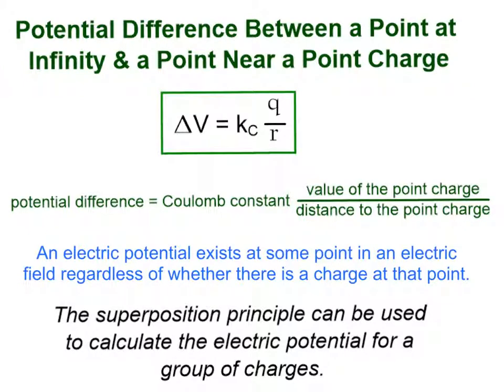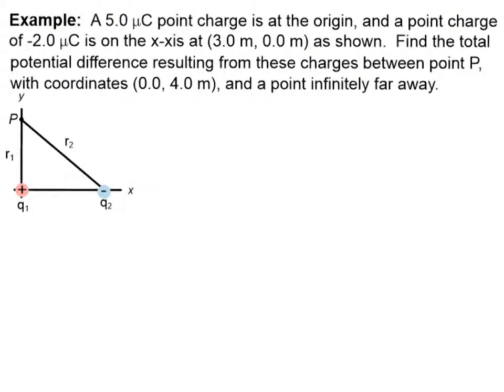Realize that even though the value of the electric potential depends on the value of the point charge, an electrical potential still exists at any point in an electric field regardless of whether there is a charge at that point. We can also use the superposition principle to calculate the electrical potential for a group of charges. So let's look at an example together to work with some of these equations.